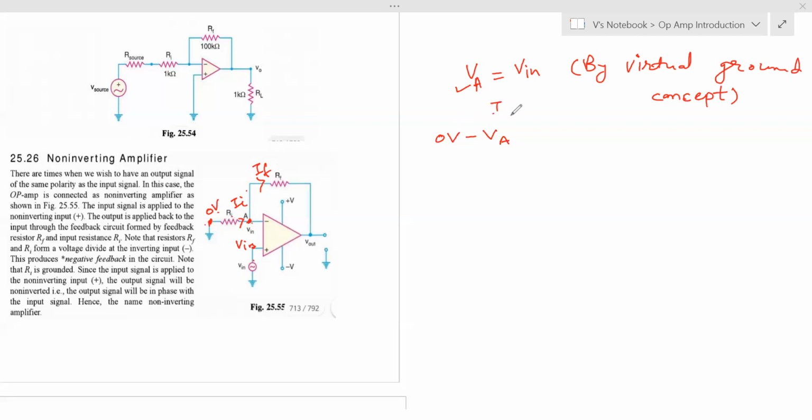That II will be equal to IF, like the previous derivation for the inverting amplifier we have seen, II equal to IF, right? From this point we started. So 0 volt minus VA, which is the voltage at this point, and that is nothing but Vin, divided by this input resistor Ri.